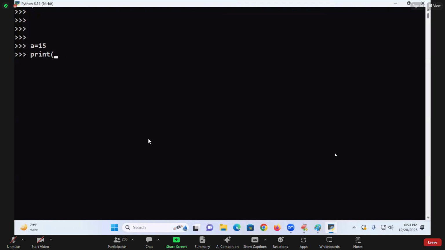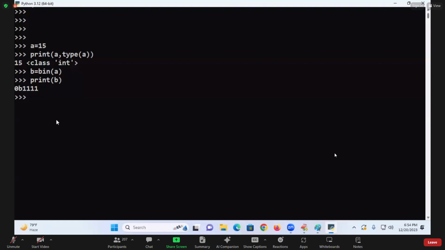Print of A comma type of A. The type of A is int. Now I want to convert it. B is equal to bin of A. The decimal data is converted into binary. Print of B. What is the data printed?